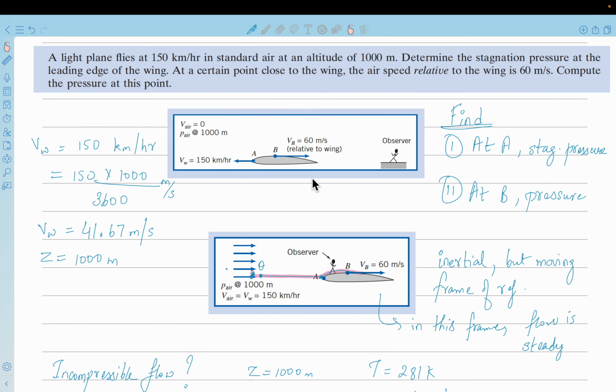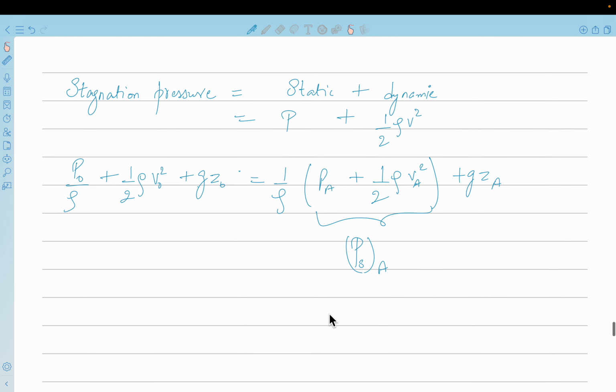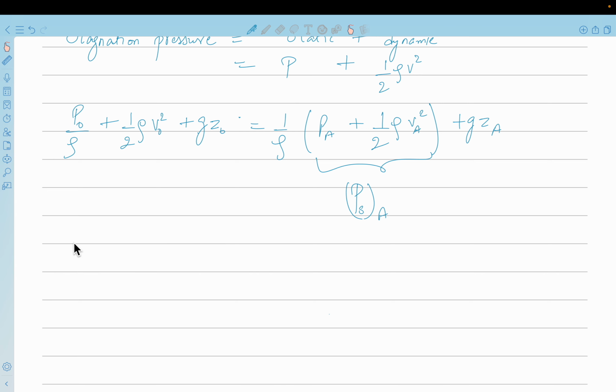See, initially in your first frame of reference, the observer was at the ground, the atmosphere is still, and the wing is moving. Now when you sit on the wing, you will see that the air is moving, isn't it? So in this new frame of reference, what is V0? The air is moving with a certain speed, which is the same as the speed of the wing itself. Okay, so V0 is what you just calculated up there. So V0 is nothing but VW.